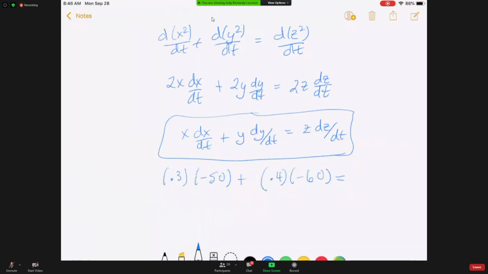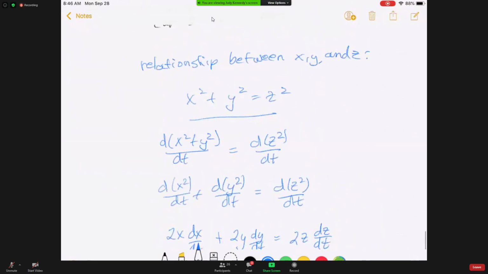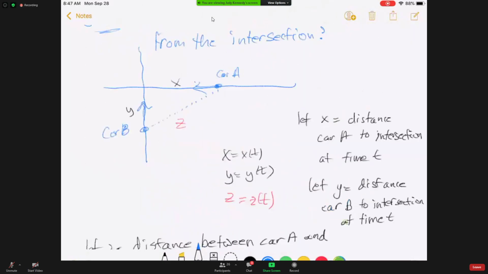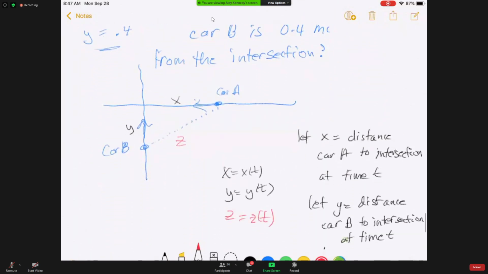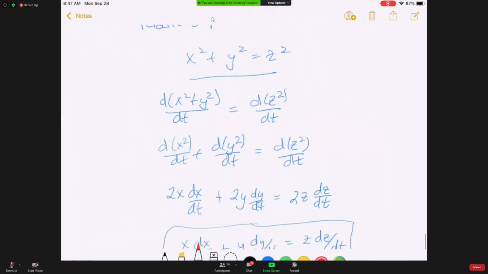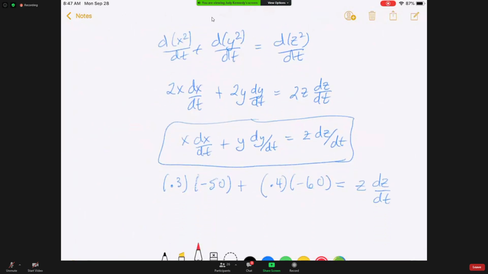Okay, and that's equal to z dz/dt. Well, let's see. What I want to find is dz/dt, right? That was what the question asked. Yes. So if this is asking for dz/dt, I've got to address what z is too. I want to know what this is, but that means I've got to know what that is.